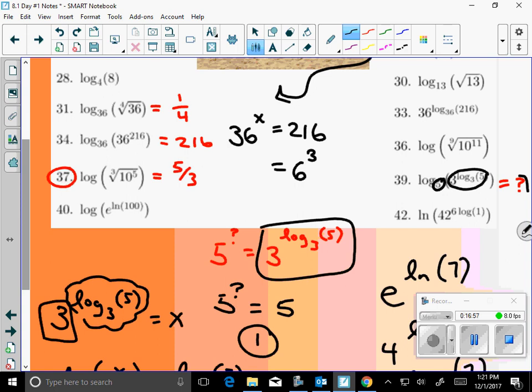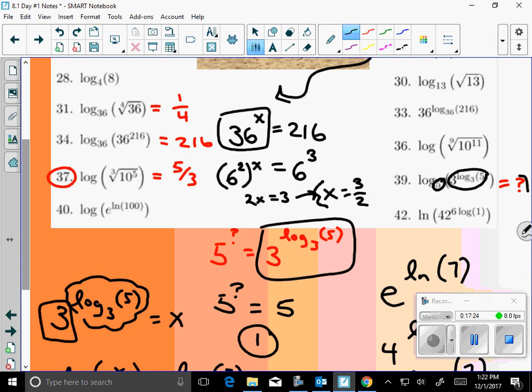Is there a way I could write this as base 6? Wouldn't 36 be 6 to the 2? So wouldn't I just be comparing 2x to equal 3? Yep. And therefore x would equal 3 halves.